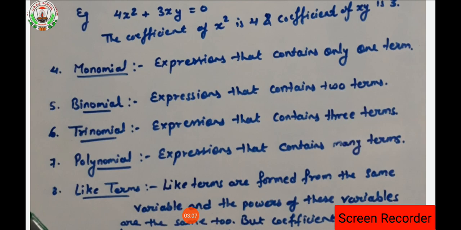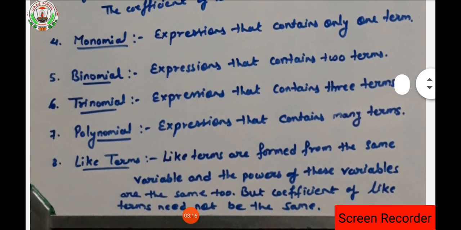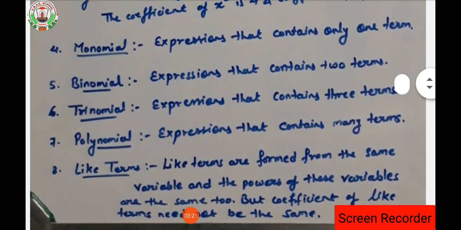What do you mean by like terms? Like terms are formed from the same variables, and the powers of these variables are the same too, but the coefficients of like terms need not be the same.